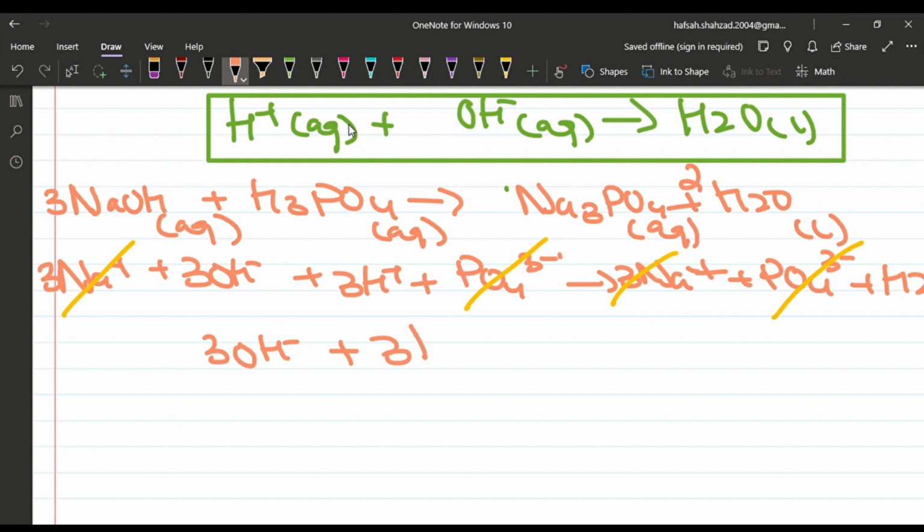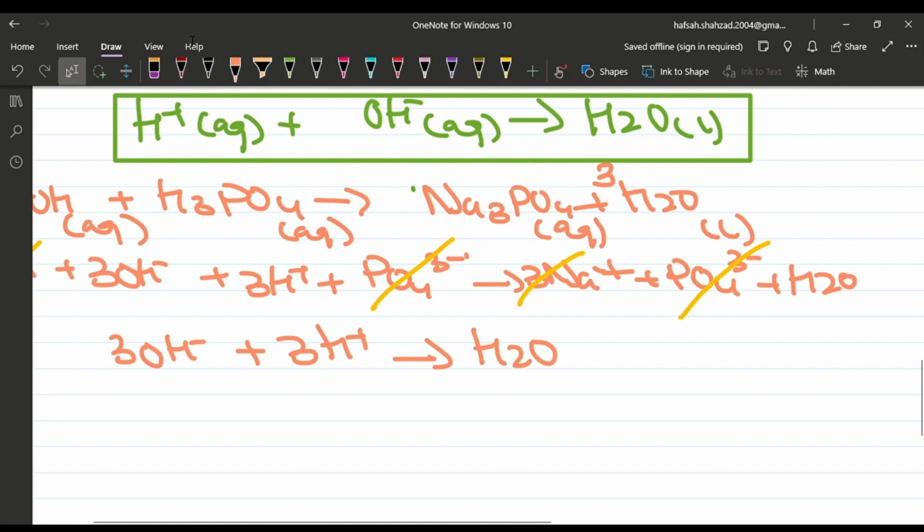So we are left with 3OH plus 3H plus to form 3H2O. Oh, sorry, over here it's not 2, it's 3, because 3H and 3H is 6, and then over here as well it's 3H2O.